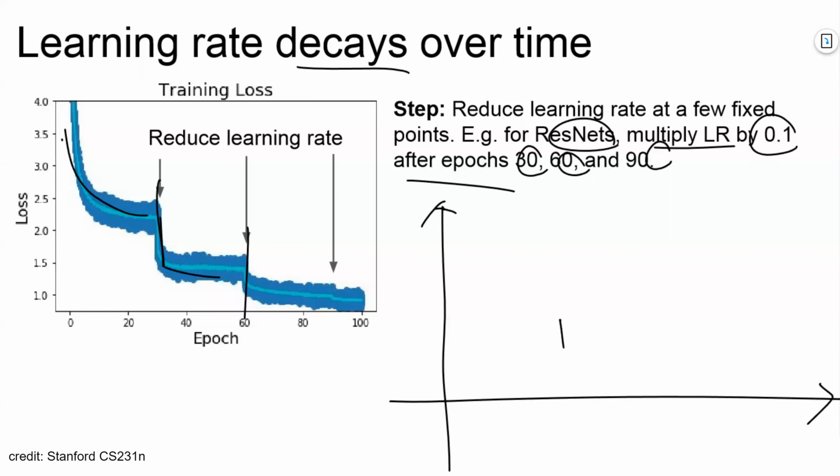Let's say the loss space looks like this, and we are starting from here. In this case, we need to take big steps. However, as we move further, we need to narrow our scope and take smaller steps to move better.